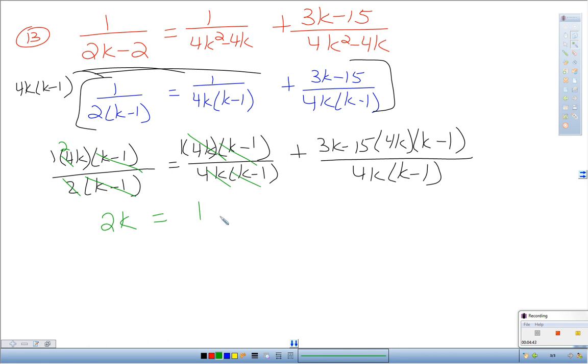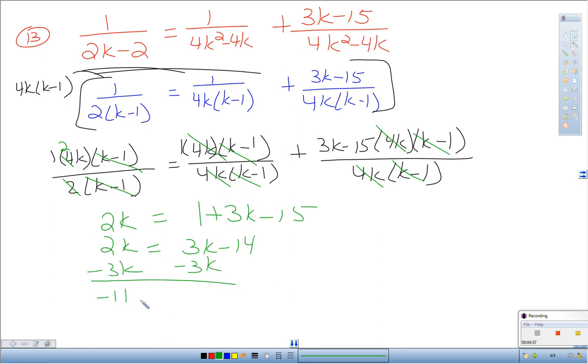Everything crosses out here except for 1, and everything crosses out here except for 3k minus 15, which leaves me 2k equals 3k minus 14, subtract 3k, so that gives me negative 1k equals negative 14, divide by negative 1, that gives me my final answer of 14.